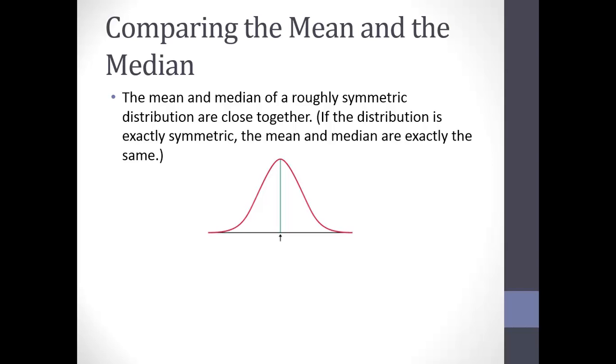So on this picture, both the mean and the median are right here in the middle. Again, that looks like the balancing point for that shape, but you can also see that it's the number that's exactly in the middle of that shape. So when you have a roughly symmetric distribution, they will be about the same.